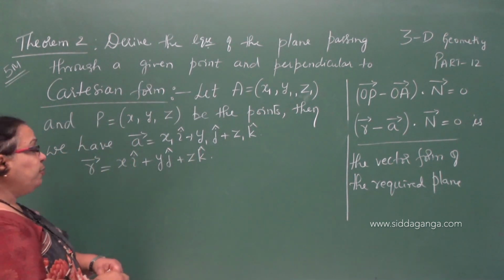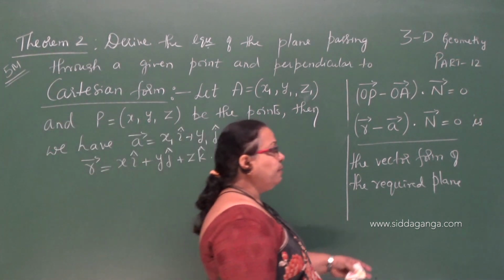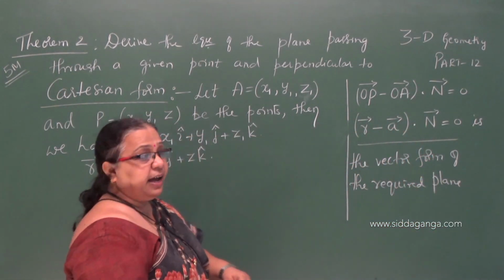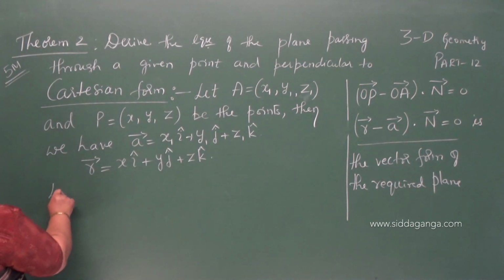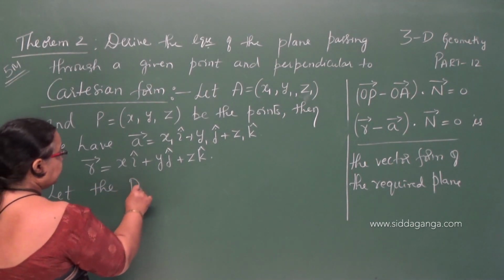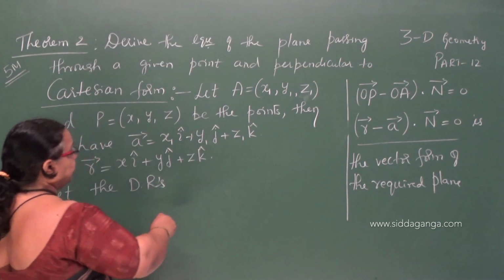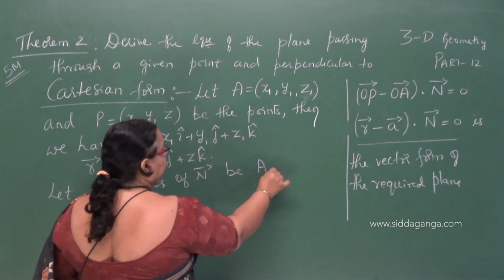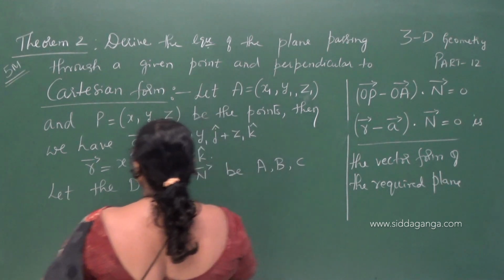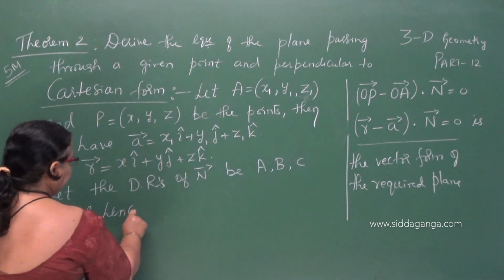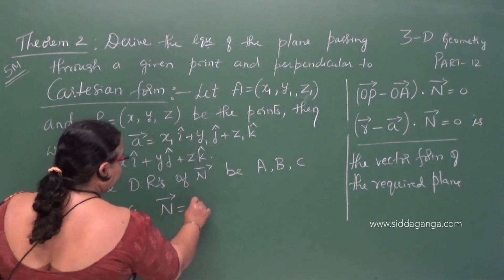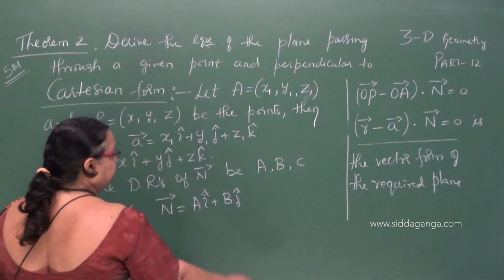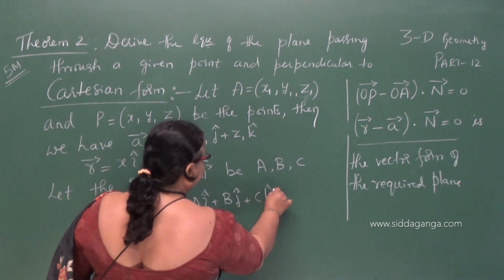And take the direction ratios of vector n as a, b and c. The direction ratios, meaning the components, of vector n are a, b, c, and hence vector n equal to a into i cap plus b into j cap plus c into k cap.